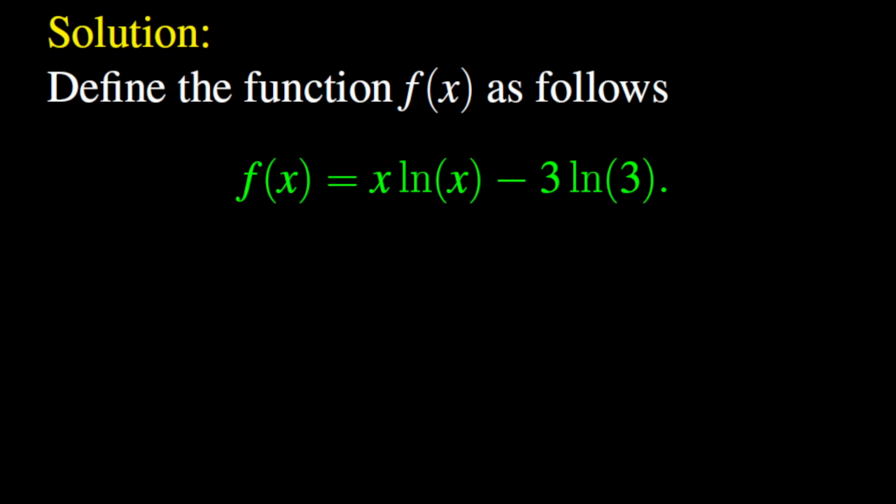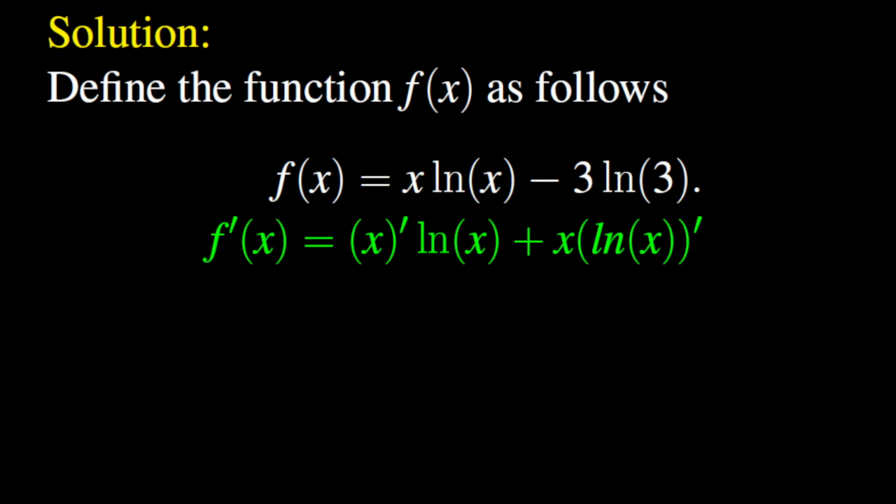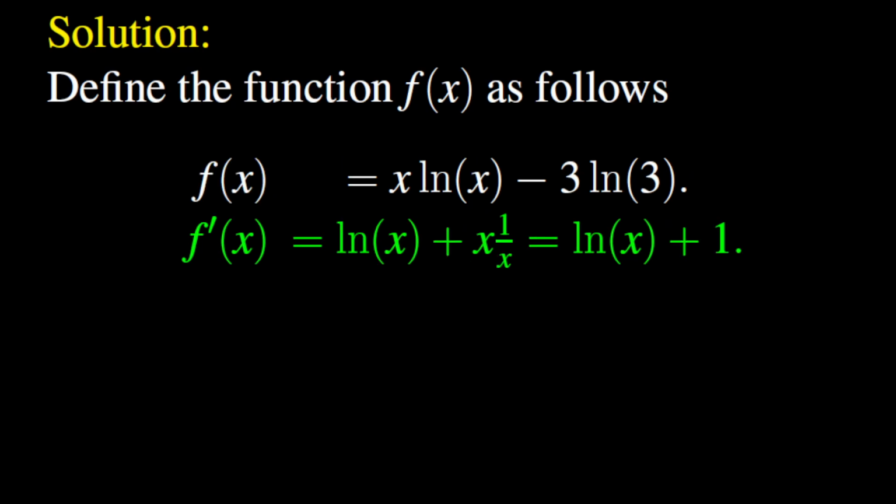In order to address the uniqueness of solutions, we need to study the variations of the function f of x, thus we have to compute the derivative of f of x. f prime of x equals the derivative of x times log of x plus x times the derivative of log of x. Therefore f prime of x is log of x plus 1.